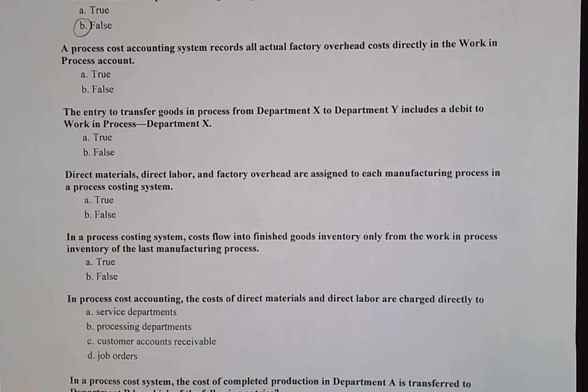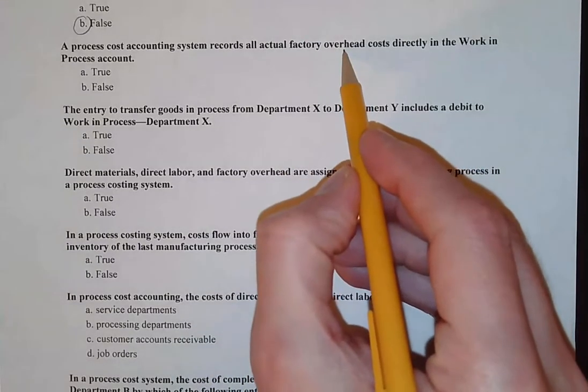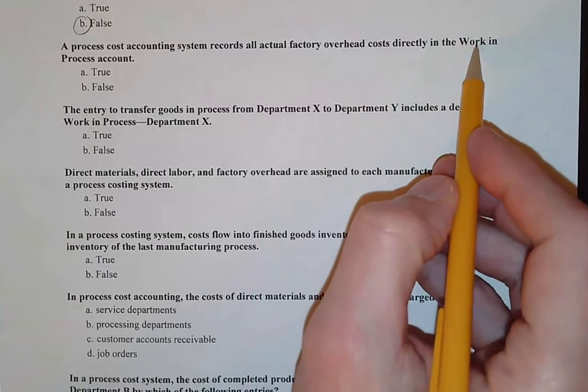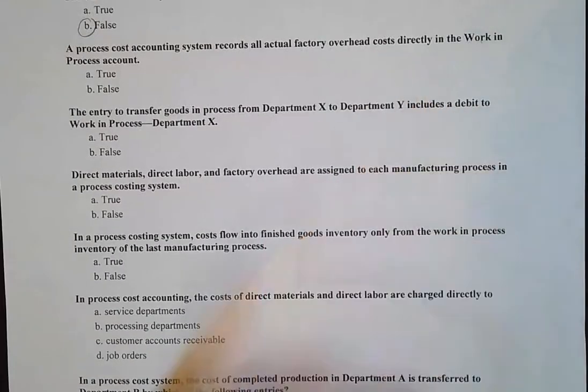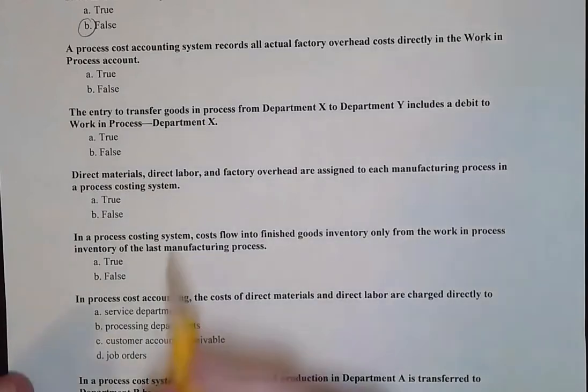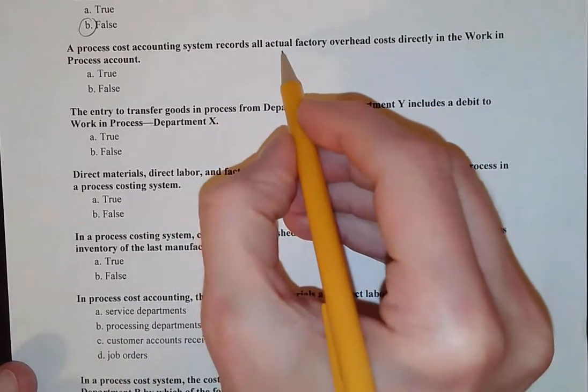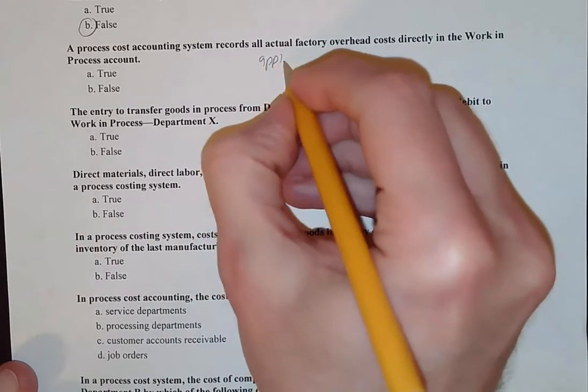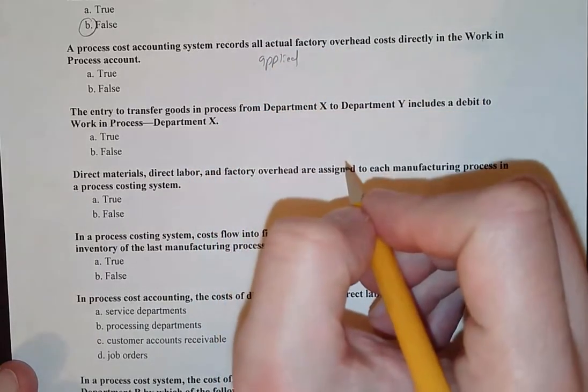So we do know that overhead costs, well, hopefully we know that overhead costs initially are part of work in process. So at first glance, this may appear to be a true statement. However, the problem here is with the word actual. What we actually want to do, no pun intended, is change this word to applied.